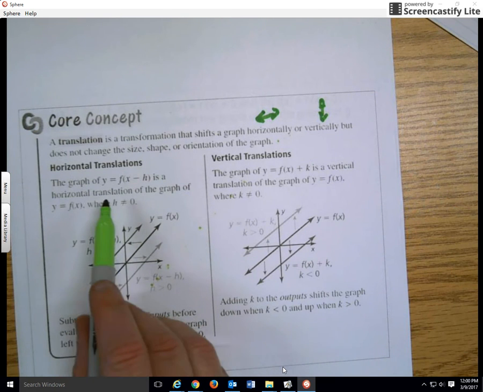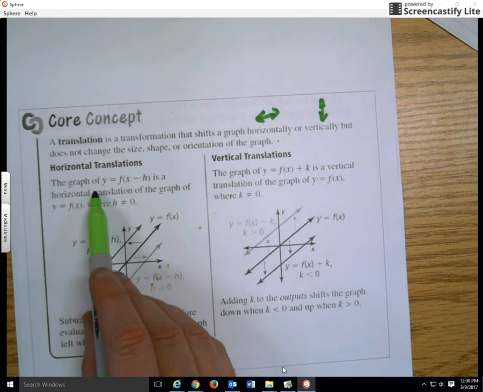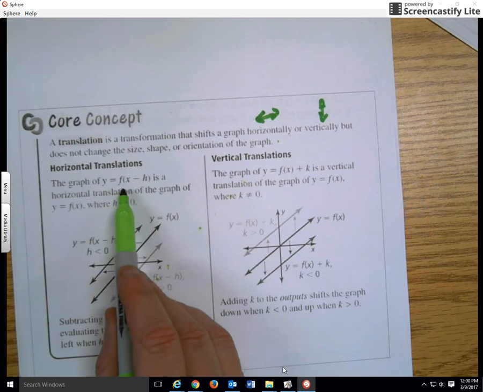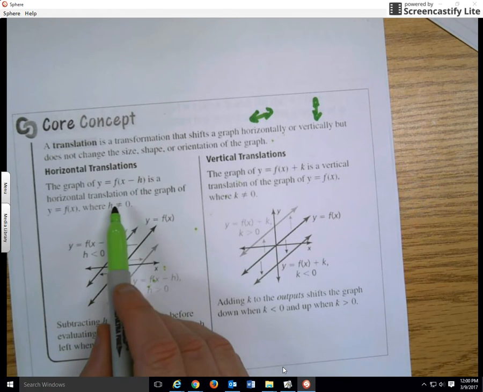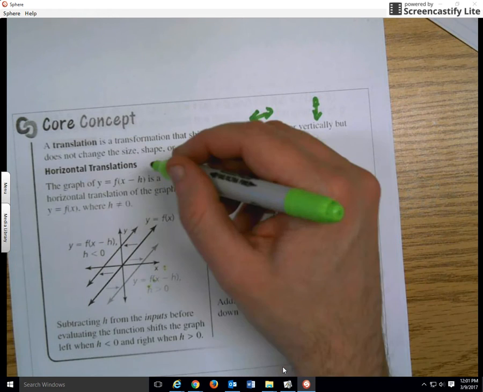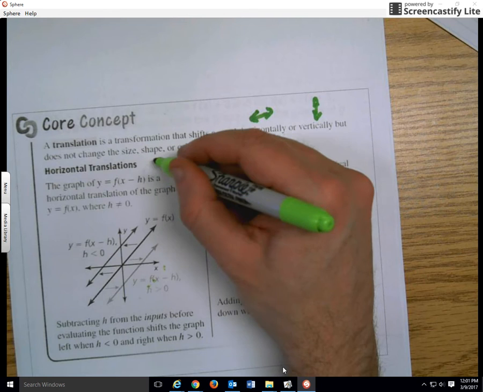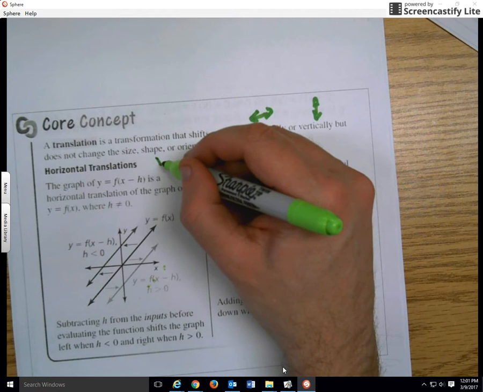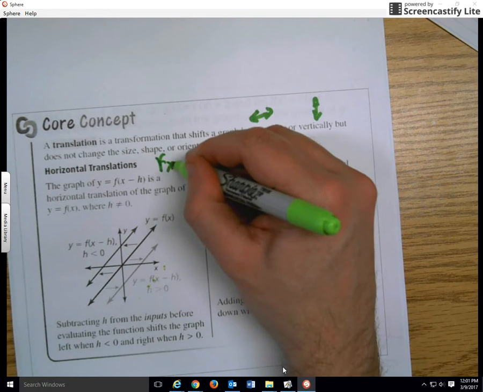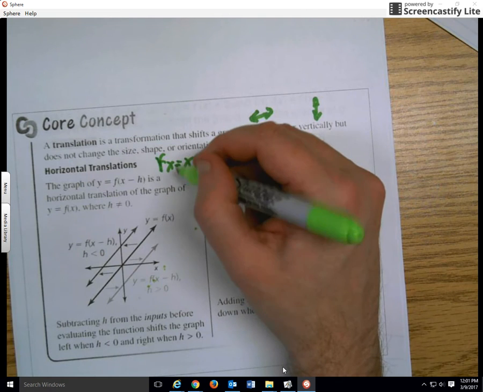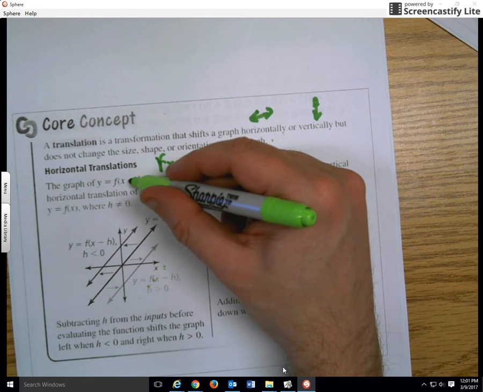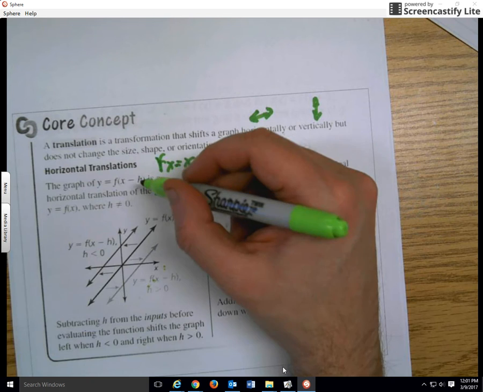Horizontal translations. The graph of y equals f of x minus h is a horizontal translation. So again, going back to that parent conversation we just had, it's very similar to f of x equals x, but there's just one change, and that's there's a minus h inside the parentheses.